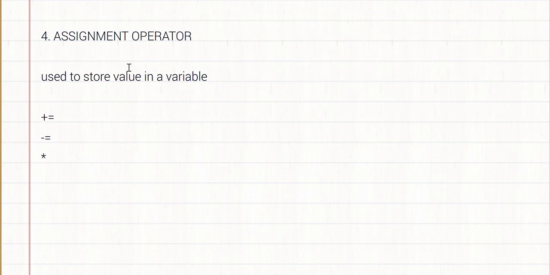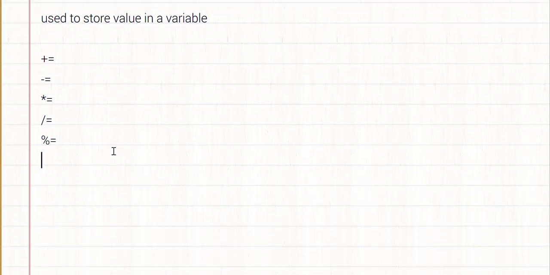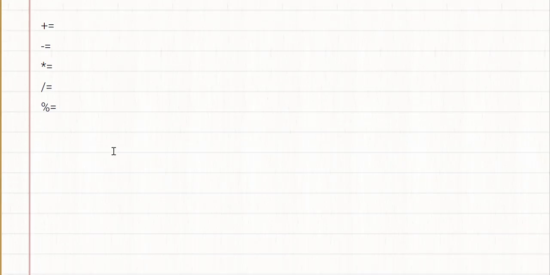There are no particular names for these, I'll explain it. And divided equals to, modulus equals to. We'll take an example for each and go one by one.